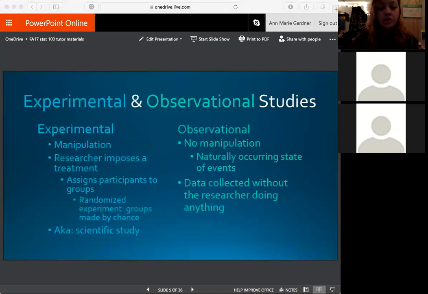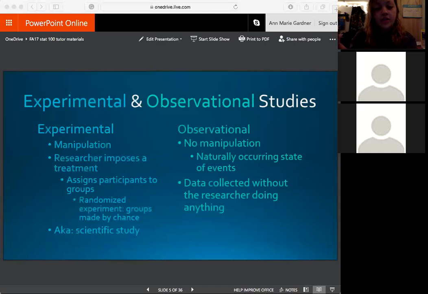So the researcher will be changing something about the different people or whatever the variables are in the groups. We also call it a scientific study. If you think about science, you're usually doing something to change something. And that's how you assign groups: you do it randomized, which is going to give you a more representative sample, because then you're less likely to have any sort of bias with it.